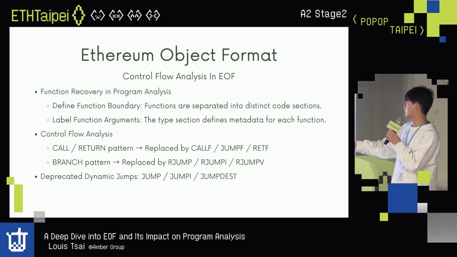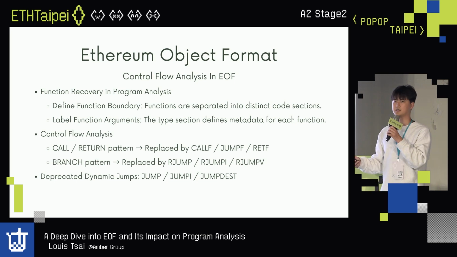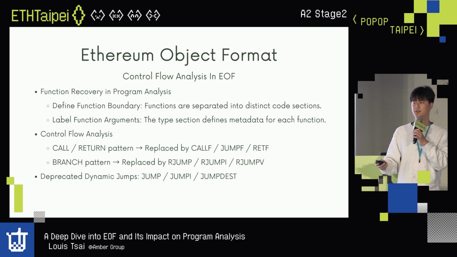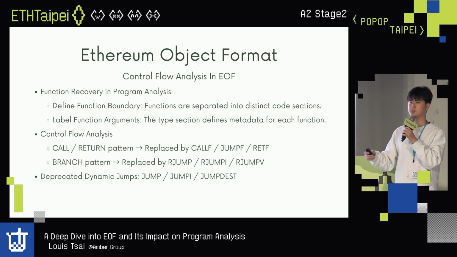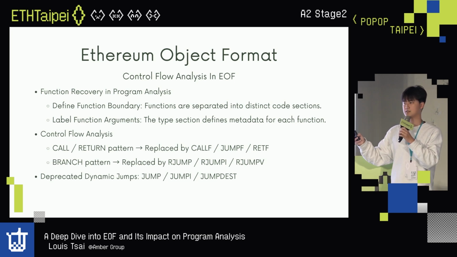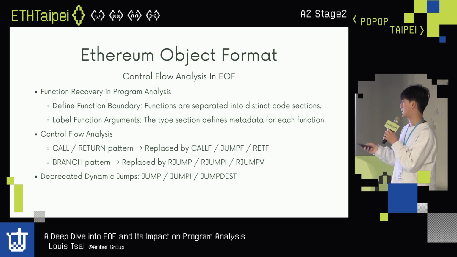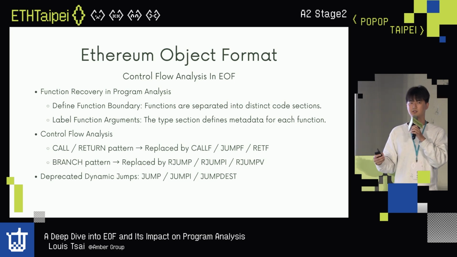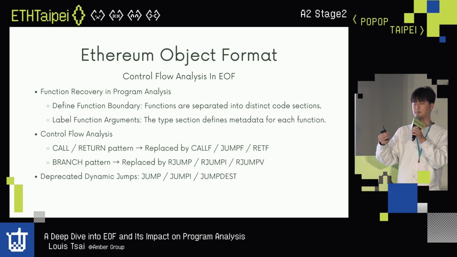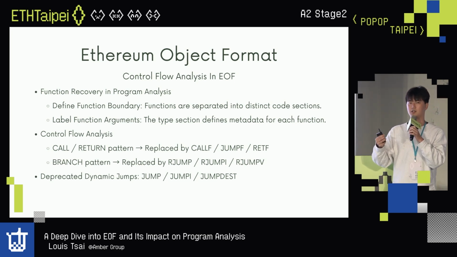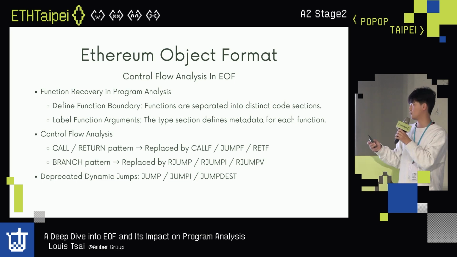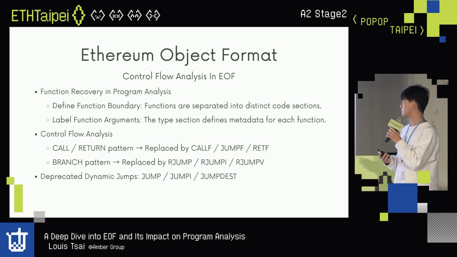And we also mentioned the branch pattern is important as well in control flow analysis. In the legacy EVM contract, we also use dynamic jumps for the branch pattern. We use JUMPI, but in EOF compatible bytecode, we use the RJUMP series of 3 opcodes. For these opcodes, you should provide an immediate to specify the offset you will jump to.